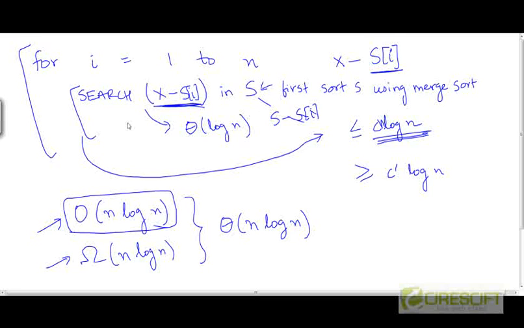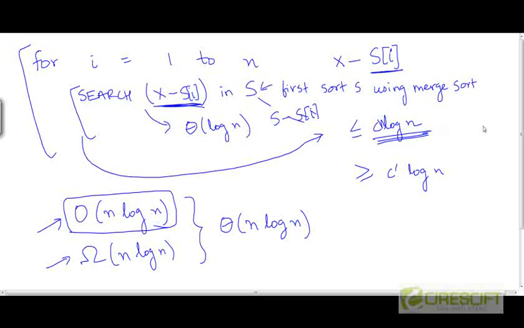So you may need to modify the binary search procedure slightly to ensure that when you're examining s of I itself, you basically ignore that, even if you end up matching.